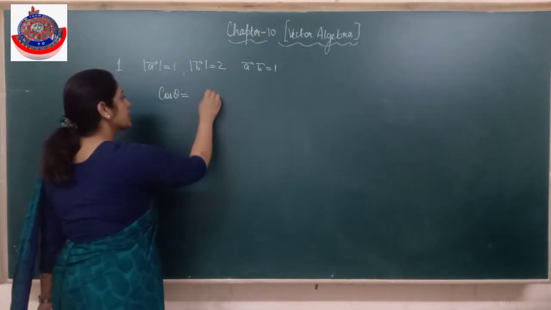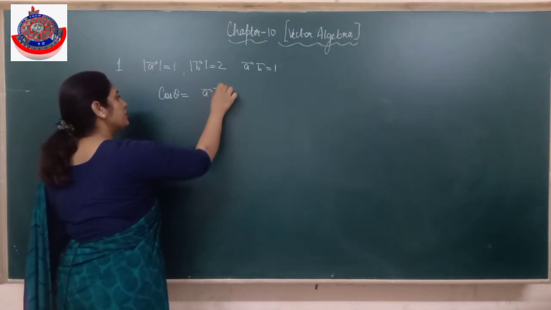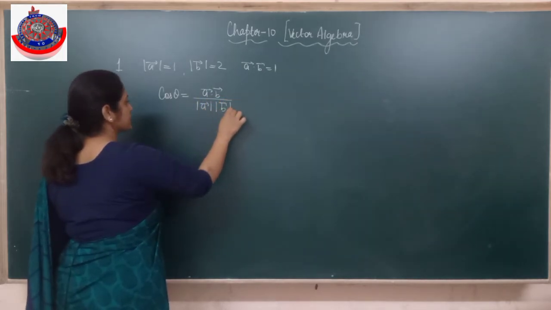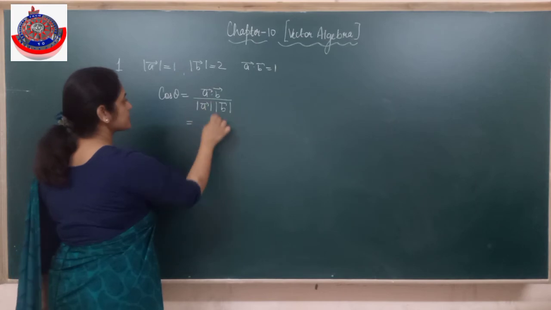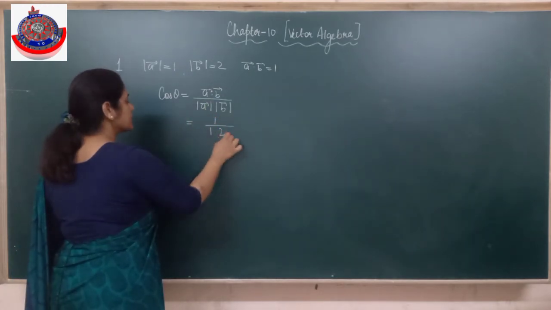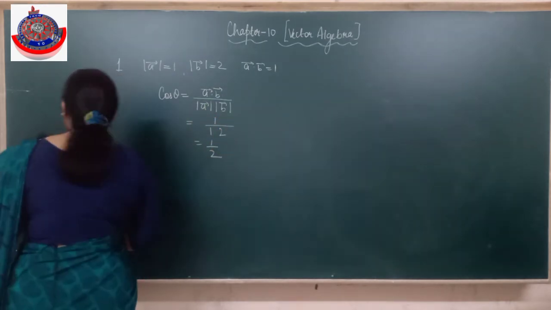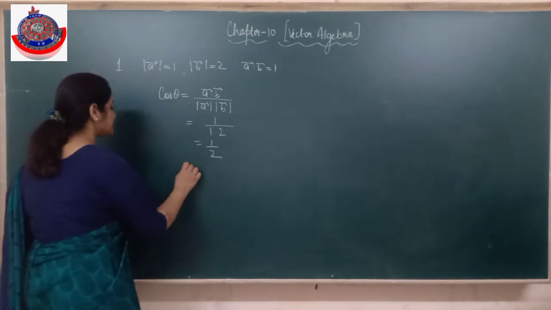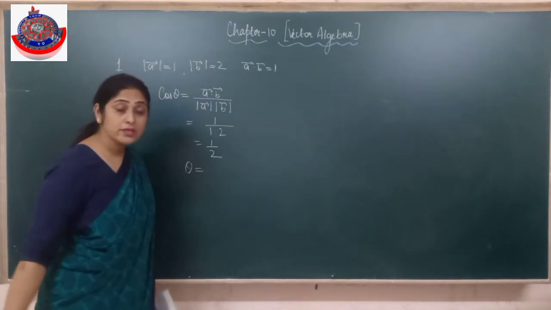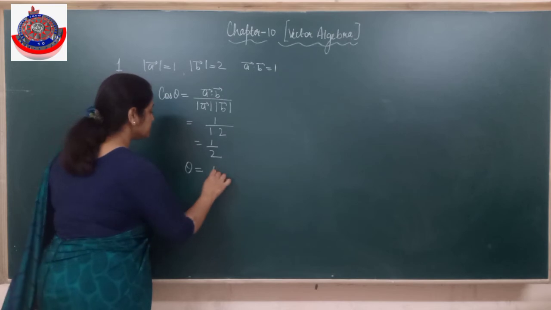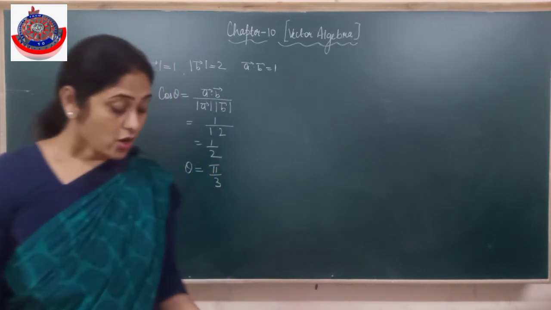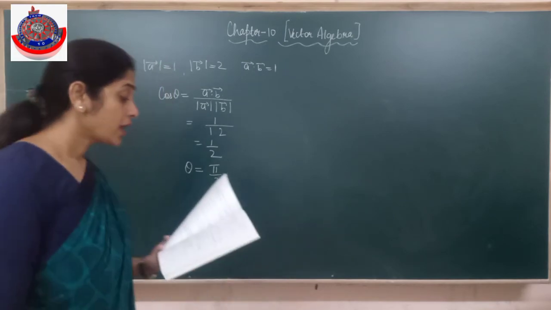Yes, that's right. It is A vector dot B vector divided by magnitude of A vector into magnitude of B vector. So dot product is given to be 1, this is 1, this is 2, 1 by 2. At what angle theta does cos theta have value 1 by 2? Yes, that's right. 60, that is pi by 3. Alright, so theta is pi by 3.